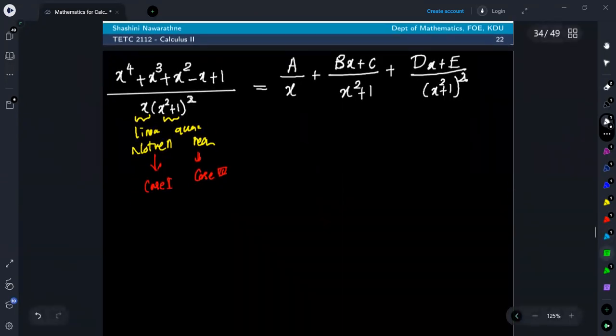And as earlier, we are going to multiply both sides of this expression by x times (x^2 + 1)^2.